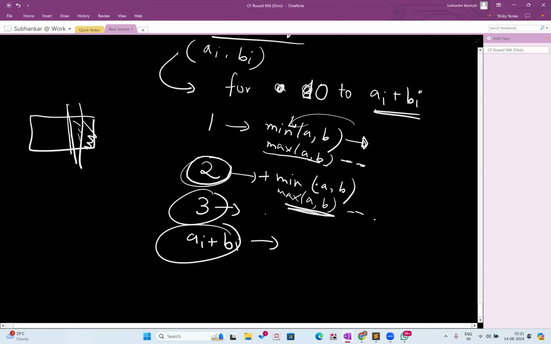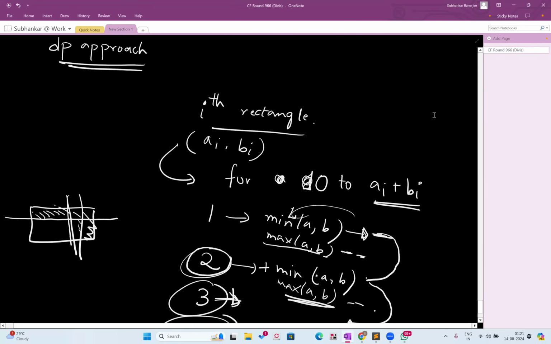And for the next cut, suppose B was less, then I'll make this cut. So I'll just calculate it by running in a loop. First I add this as the cost, and upon this cost I add this. Again I add this, and so on. For a particular score, I have a particular cost. Are you getting this?